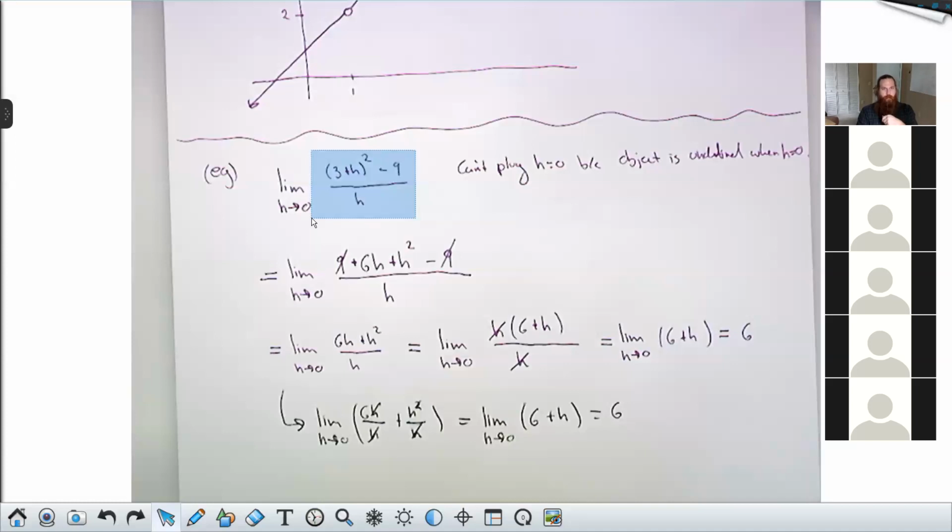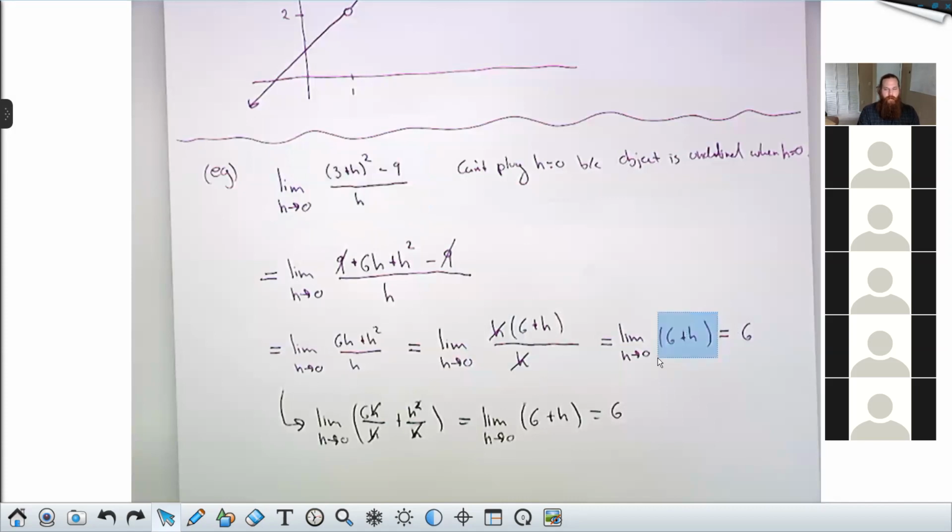When we say I'm going to take the limit as h goes to 0, I'm asking, can you find for me the y value of the hole? We certainly can't find it by plugging 0 into this expression because we get something that's undefined. So we must go through this process in order to get the closest function to this guy, which is defined at 0. So this function is not defined at 0, this function is defined at 0.